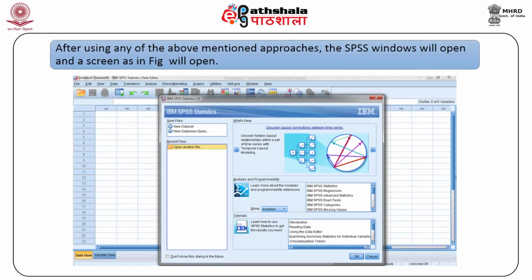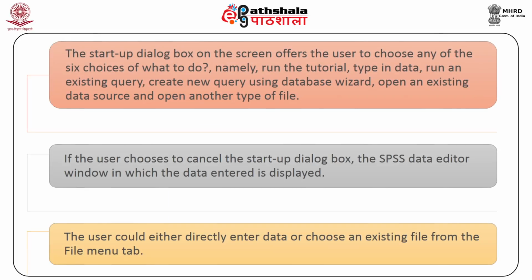After using any of the above mentioned approaches, the SPSS windows will open and a screen as in the figure will open. The startup dialog box on the screen offers the user to choose any of the 6 choices of what to do, namely run the tutorial, type in data, run an existing query, create new query using database wizard, open an existing data source and open another type of file.